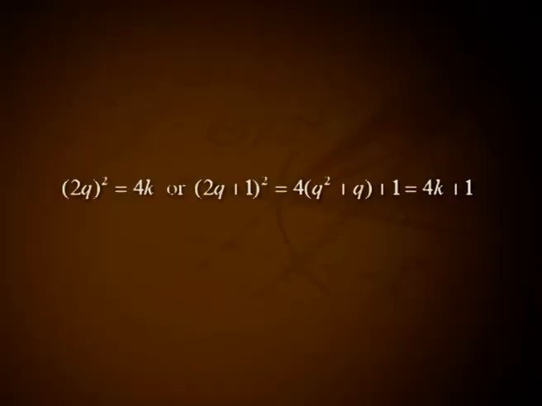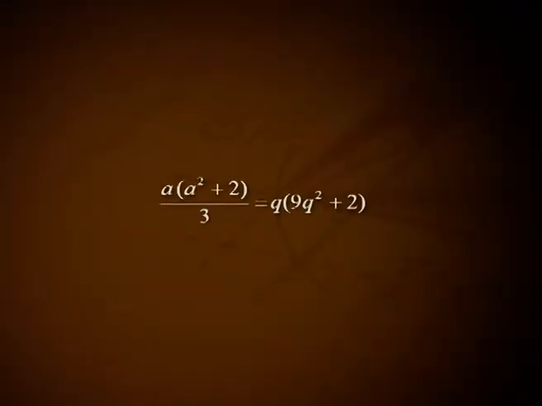When r = 1, the integer a has the form a = 2q + 1 and is called odd. Hence, a² is either of the form (2q)² = 4k or (2q + 1)² = 4(q² + q) + 1 = 4k + 1. Hence, the square of an integer leaves the remainder 0 or 1 upon division by 4.